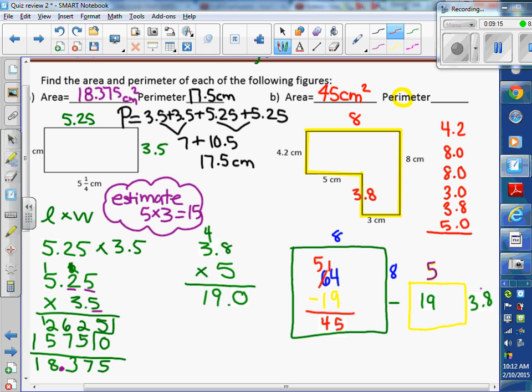Now I can add the parts. 2 and 8 make 10. Carry the 1. 4 plus 1 is 5. Plus 8 more. 13. Plus 8 more. 21. Plus 3 more. 24. Plus 3 more. 27. Plus 5 more. 32. So 32 centimeters.